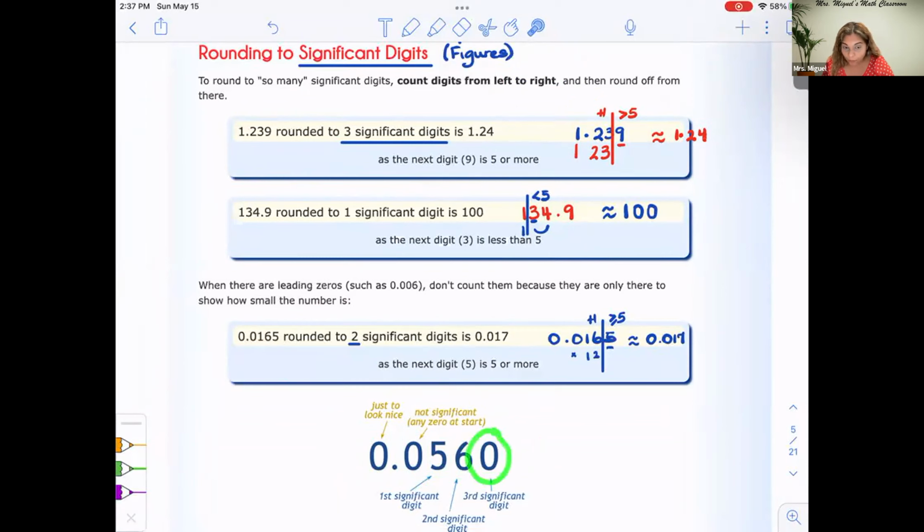However, once this is after a digit, this one is significant. So significant figures are what we call approximating as well. And we start counting the digits from left to right, and we count from the first non-zero number. All right?